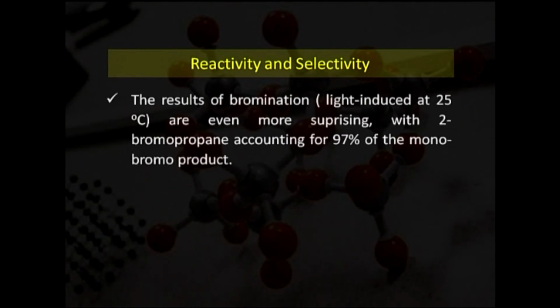The results of bromination, that is light induced at 25 degrees Celsius, are even more surprising, with 2-bromopropane accounting for 97% of the monobromo product.